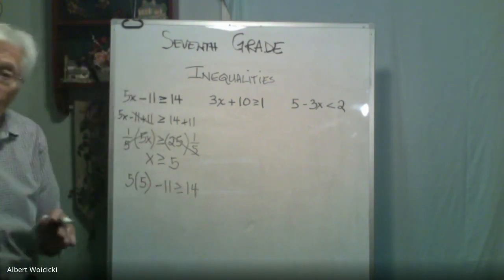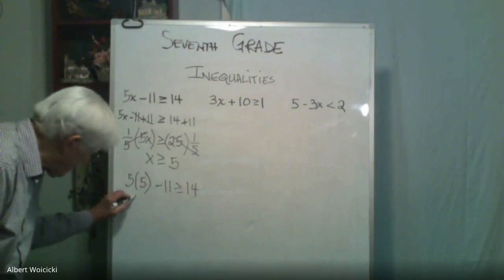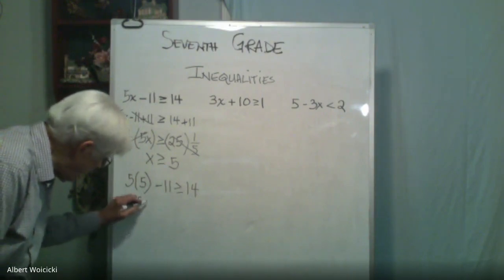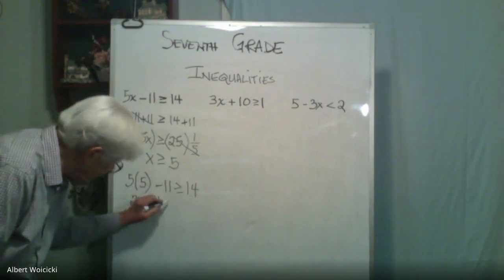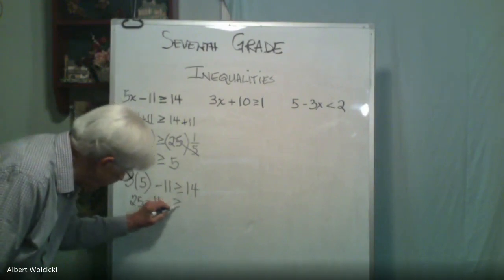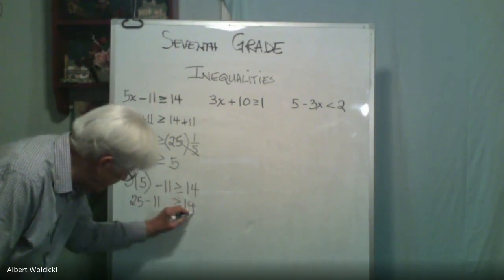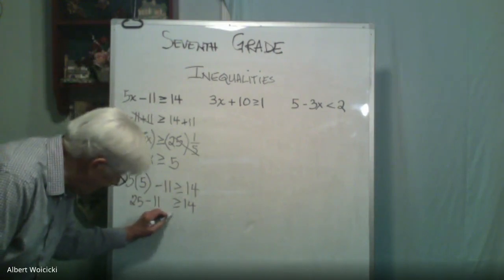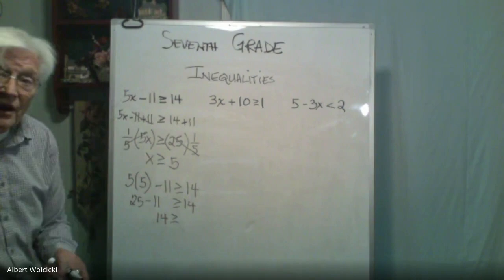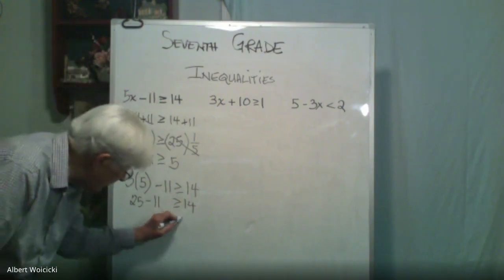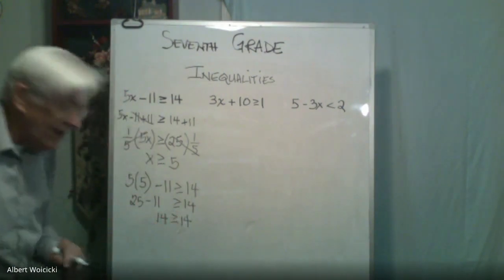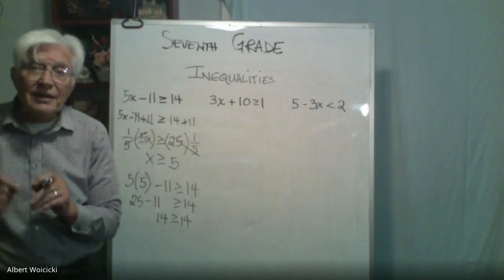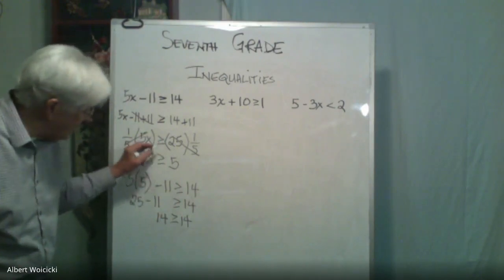Now let's see if that works. So we end up with 25, subtract 11 is greater than or equal to 14. Well, that's 14, and certainly it's not greater than, but it is equal to 14. And since that's an or statement, that's also important to understand.